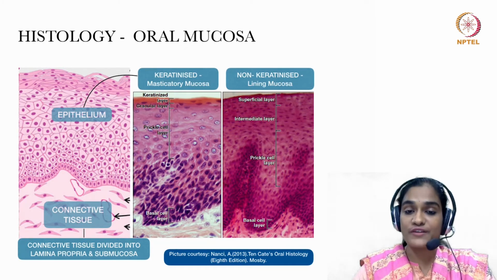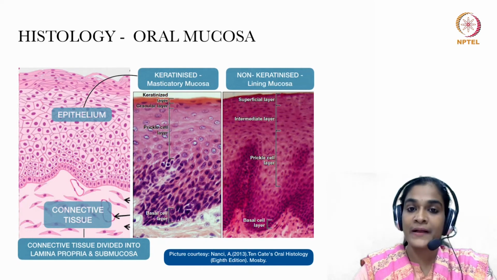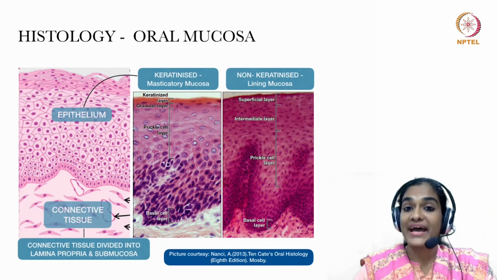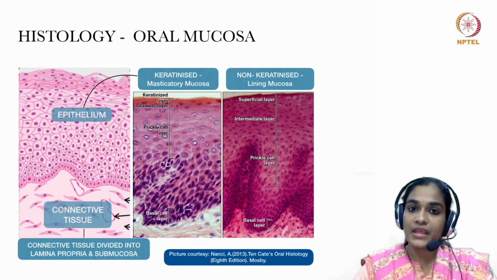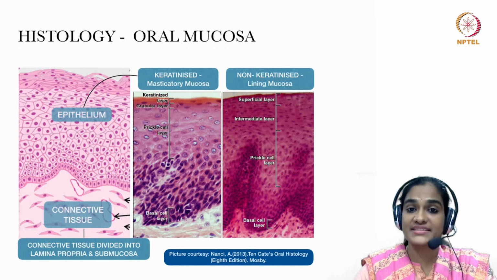Based on cornification, it can be keratinized, which is seen in the masticatory mucosa, and non-keratinized, which is seen in the lining mucosa. The underlying connective tissue is divided into the lamina propria, which bears the brunt of the overlying epithelium, and the submucosa, which connects the epithelium with the deeper structures.